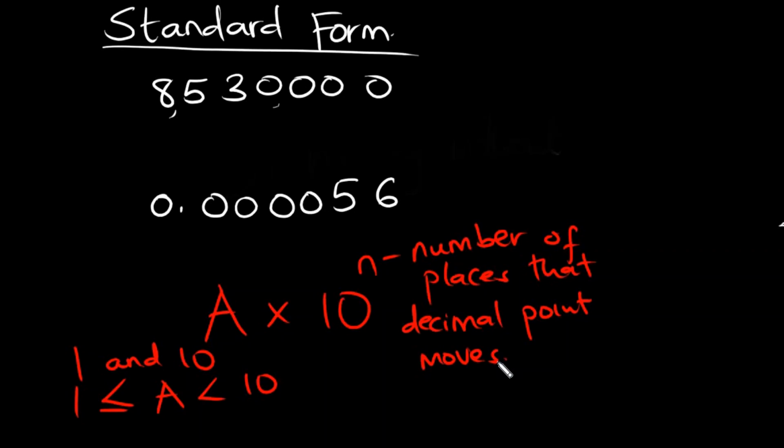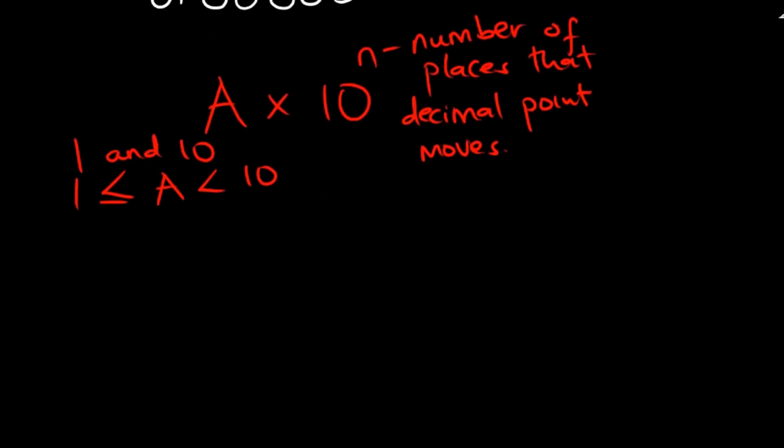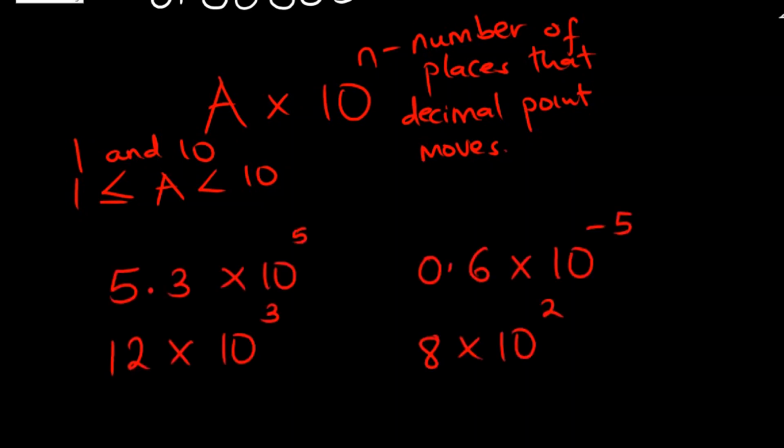So I want us to look at a few examples so that we can see numbers that are written in standard form. Let me write some numbers here, and then we're going to identify the ones that are in standard form and the ones that are not, using this rule.